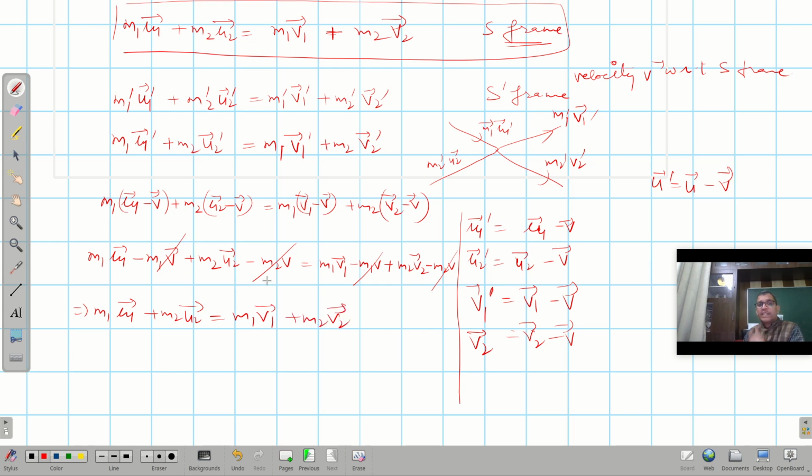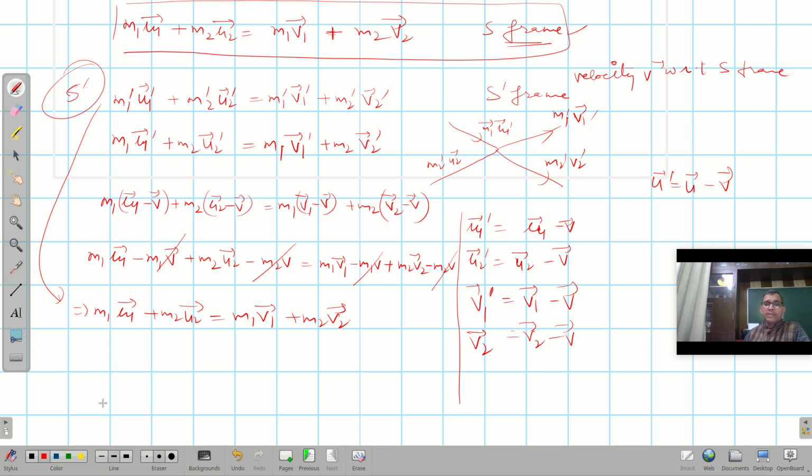So what I did here, I started with the S prime frame and did a little algebra, and I reached the point where the law of conservation of momentum holds in the S prime frame. Starting with this, I arrive at this particular point, and both look identical.